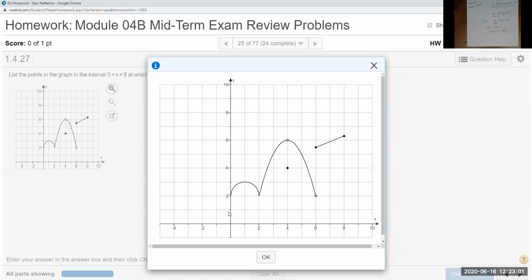So if I'm looking between x is 0 and x is 8, at what points is it not differentiable, or can I not take the first derivative? Well, I've got a corner here at x equals 2. I got a gap at x equals 4 and a gap at x equals 6. So there's 3 values of x where I cannot take the derivative.